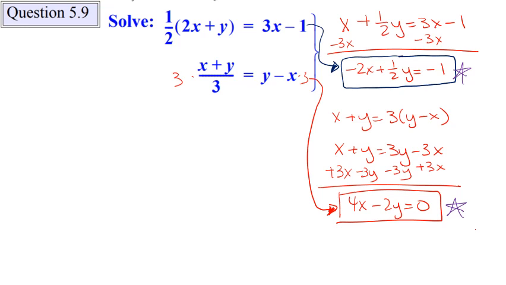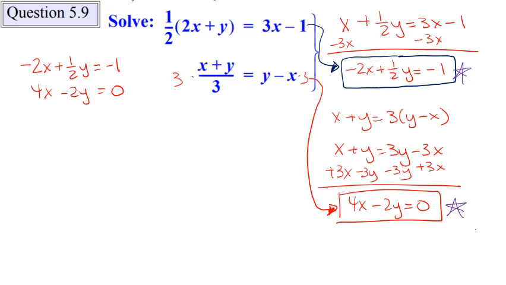And what I'm going to do now is write it over on top of each other like a system. So this is going to be -2x plus 1/2 y equals -1. And then this is going to be 4x minus 2y equals 0. So now what I want to do is try to eliminate one of these things.